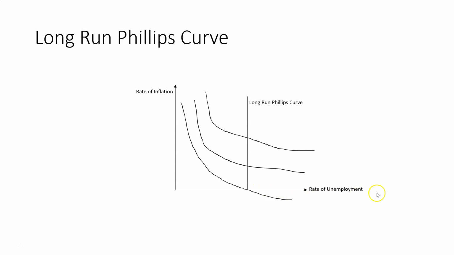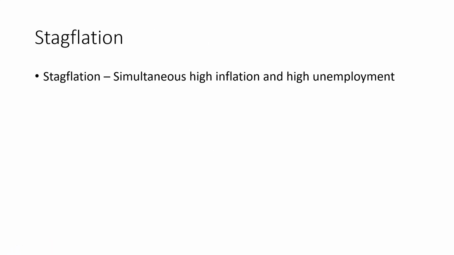But now the long-run Phillips curve being vertical creates a problem, because in the long run we could have high unemployment and high inflation. And that is something that economists for a very long time didn't think could happen. Well, of course, when we think something couldn't happen, it does. We ended up with something that we call stagflation, high inflation and high unemployment.